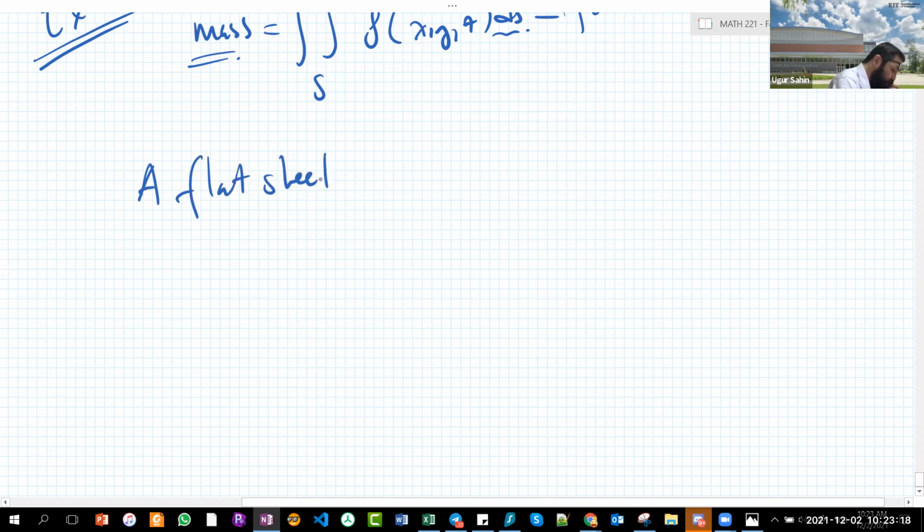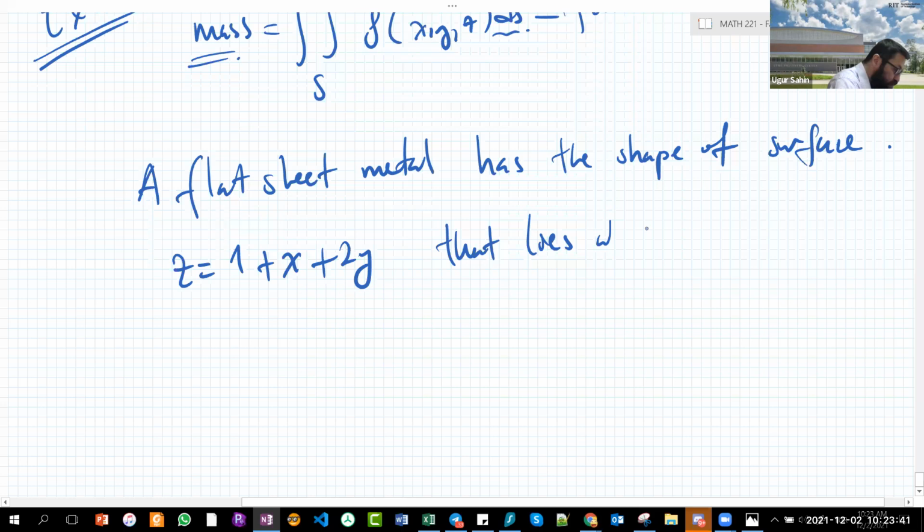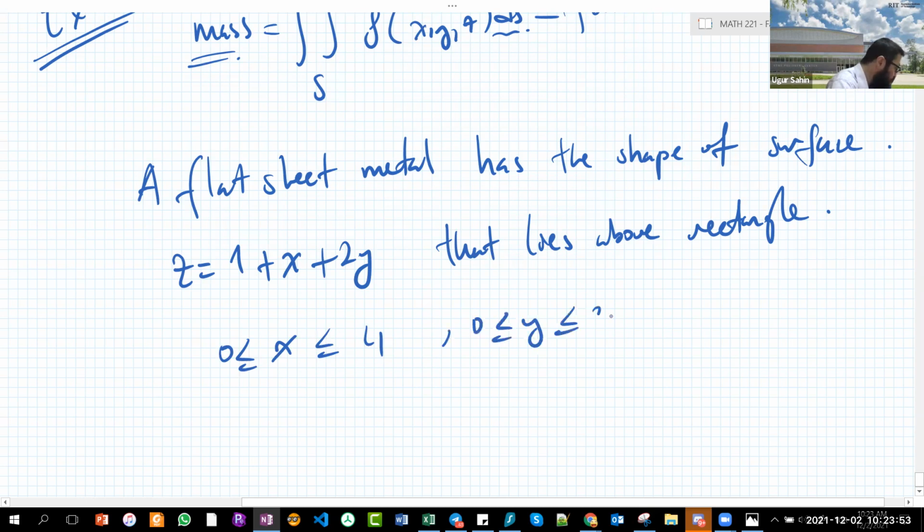A flat sheet metal has the shape of the surface z is equal to 1 plus x plus 2y that lies above the rectangle 0 to 4 for x and 0 to 2 for y.